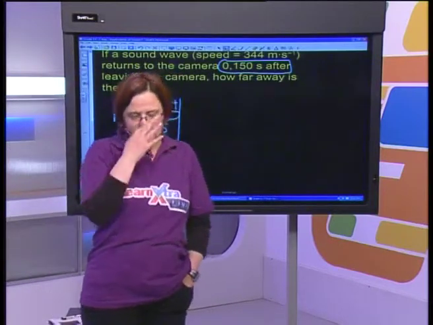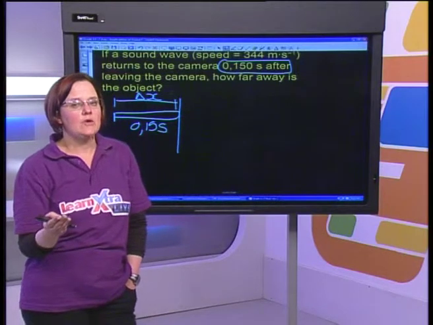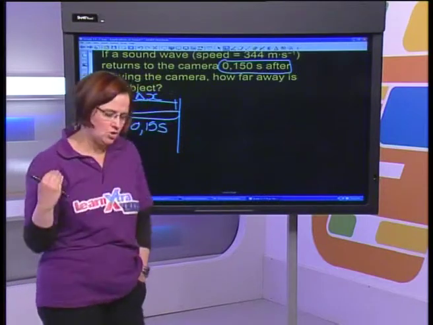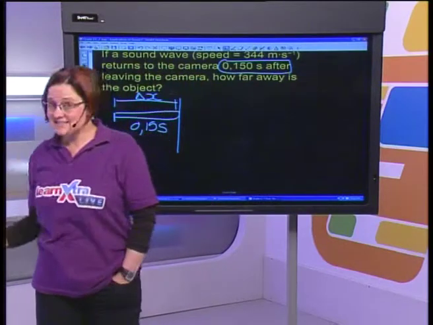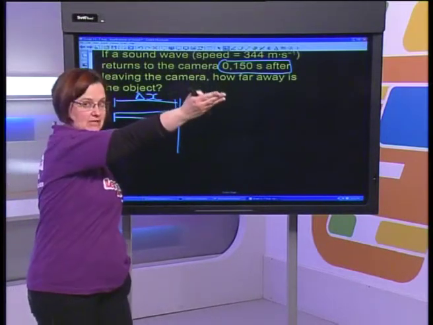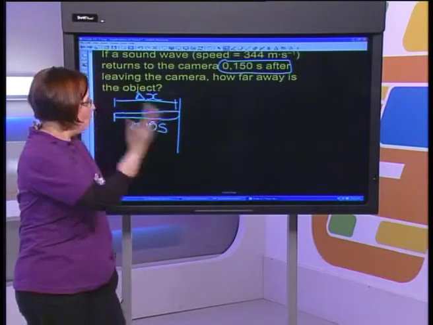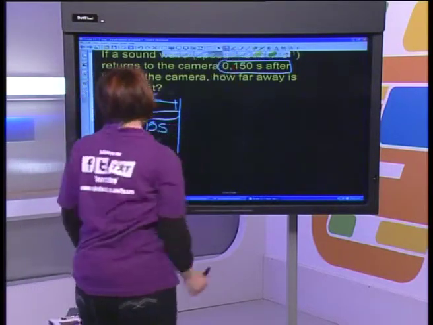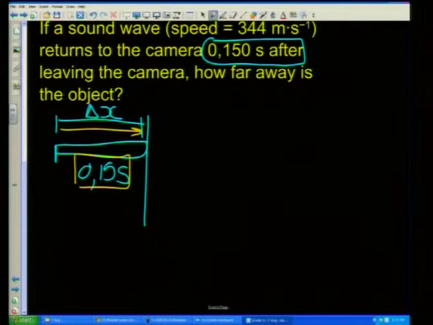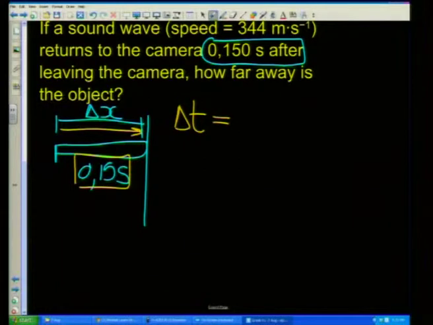Let's think this through. There's a couple of ways you can do this. For me, the easiest way to go is, well, if the time I'm given is the time it takes to go there and back, assuming it takes the same amount of time to get there as to come back, then if I was only considering one direction, it would be half the time. So the time taken to travel just to the object would be 0.15 divided by 2.